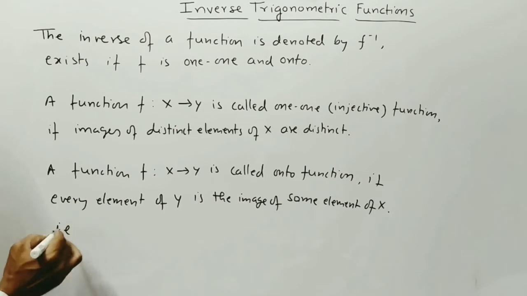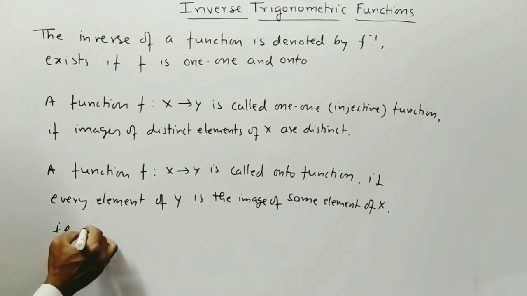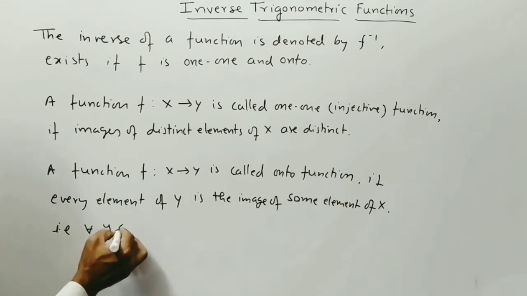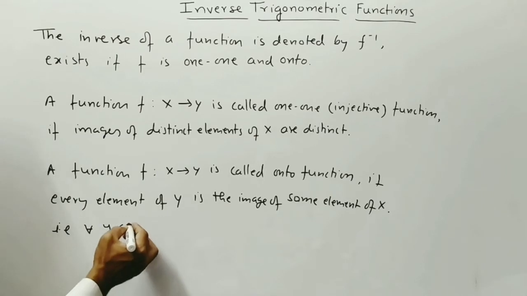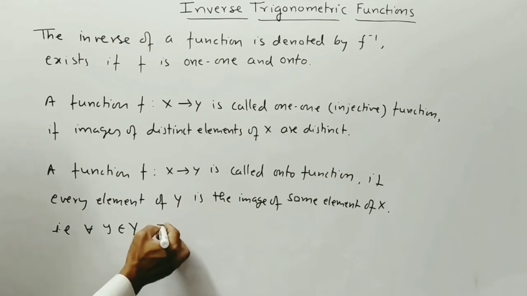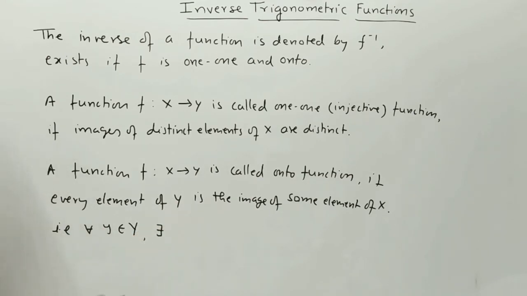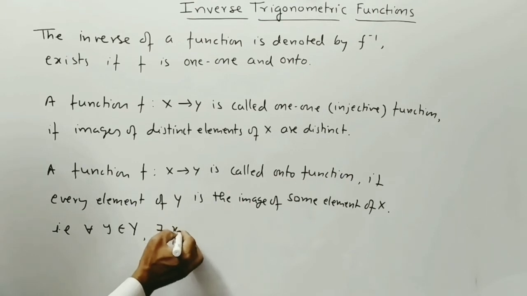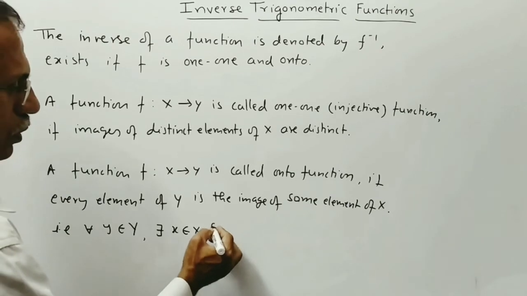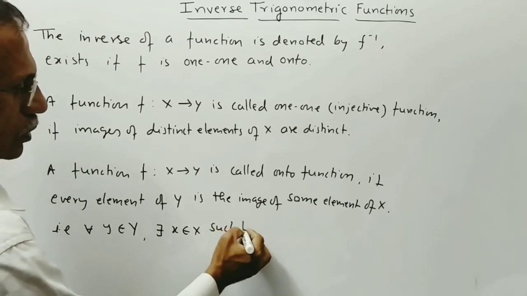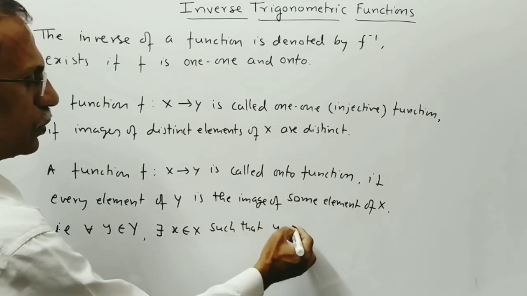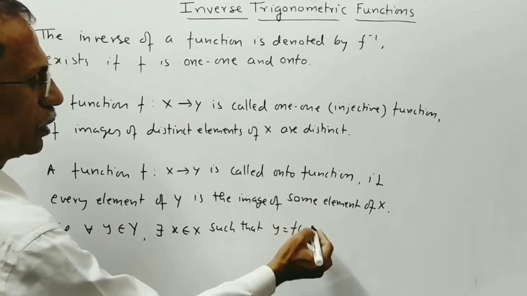That is, for every element y belongs to set y, there exists some element x in first set such that y is equal to f of x.